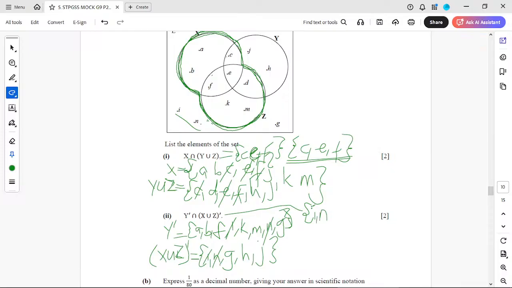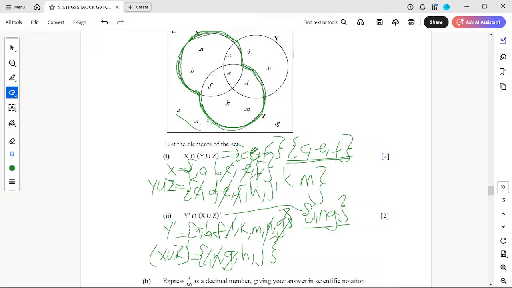Then M is not there. Then we have G, so we record G as well. When we look at H and J, we can't find J and H there.